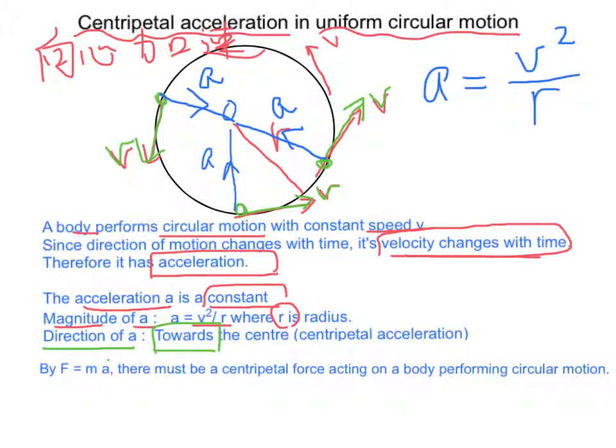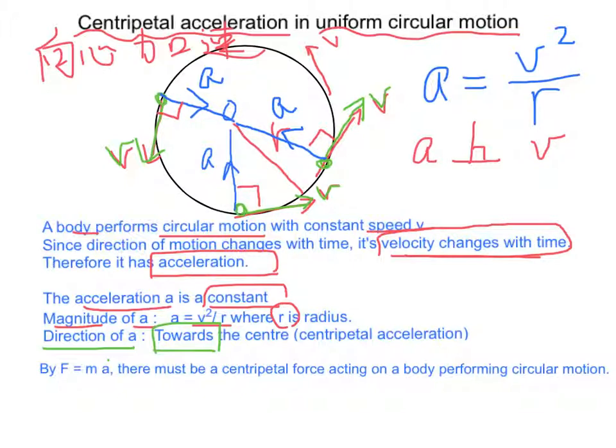Another important thing for circular motion is that the acceleration is always perpendicular to the velocity in circular motion. That means acceleration is always perpendicular to the velocity at any time.